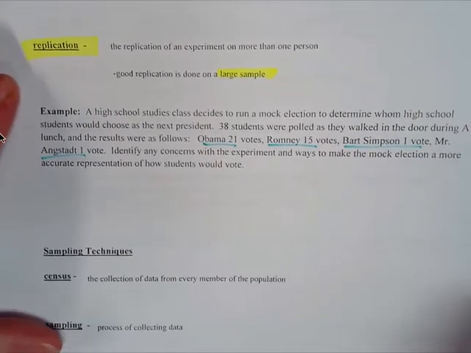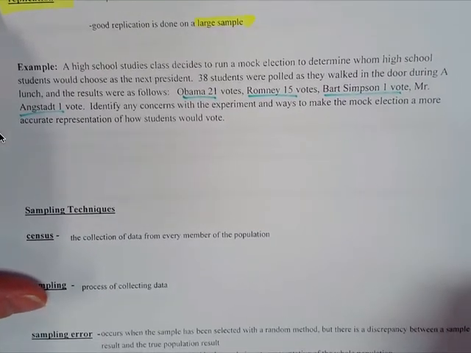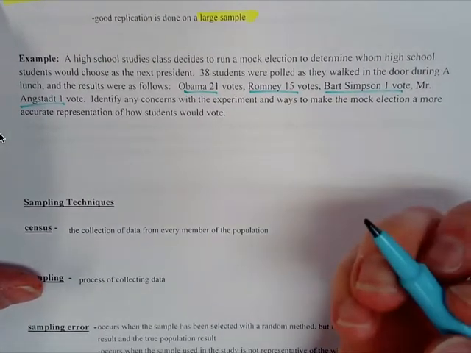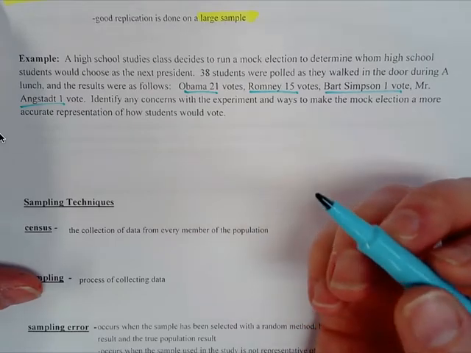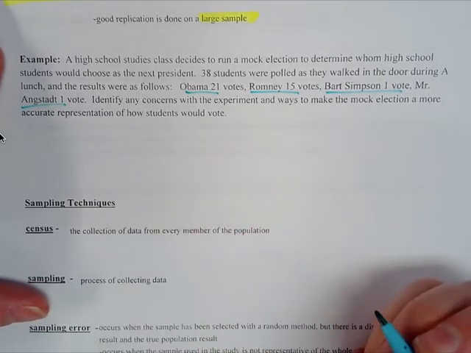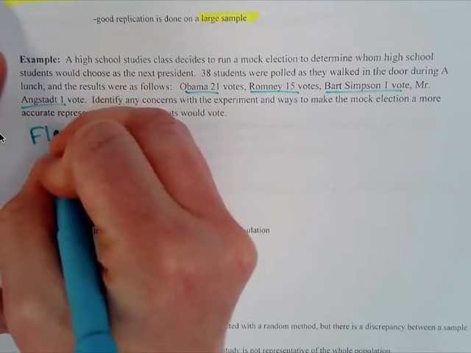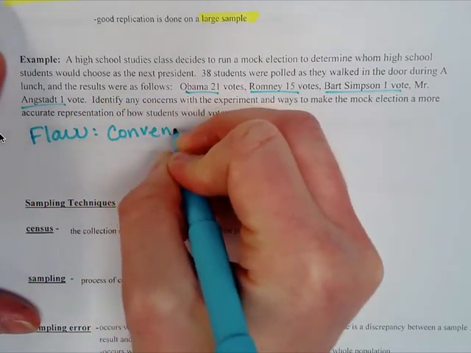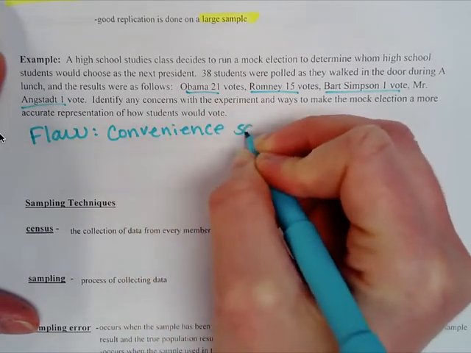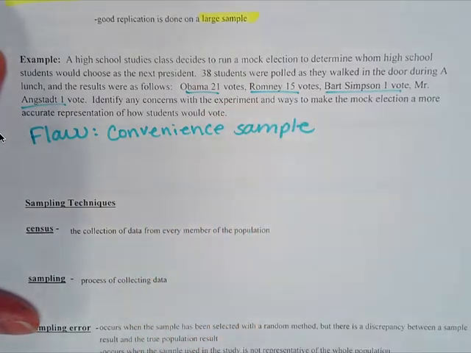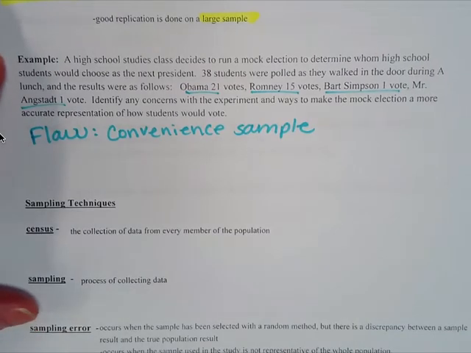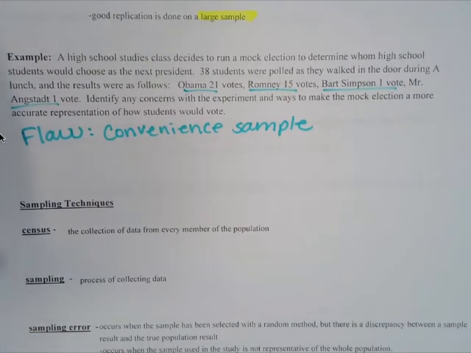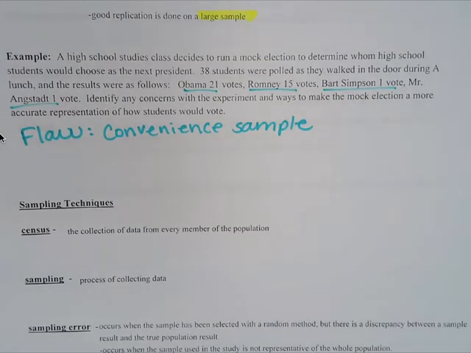So this is called a certain kind of sample. It was just a convenience sample. So convenience samples aren't very good. So the flaw is that it's a convenience sample. They didn't even survey all the students or even a good portion of them.